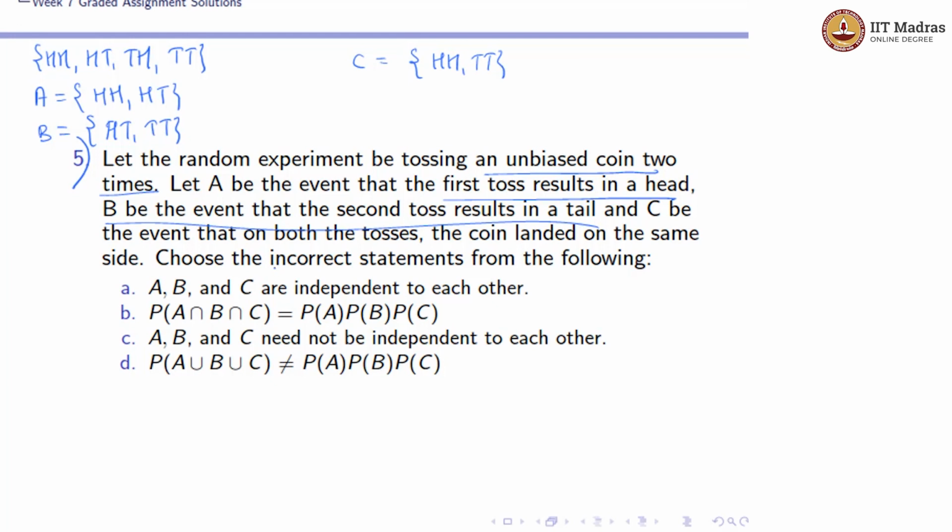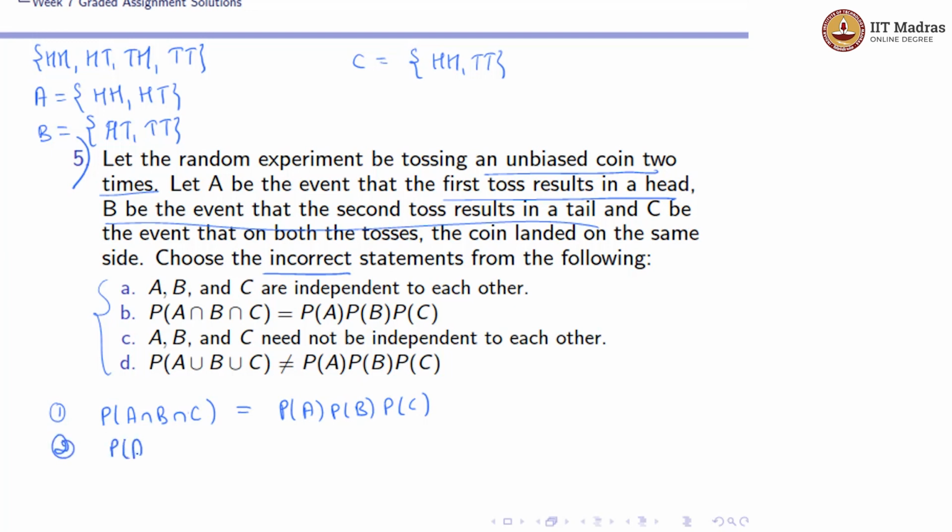Now we have to choose the incorrect statements from these four options. So let's check. The first option is A, B and C are independent of each other. So how do we check the independence of three events? In order to check the independence of three events, we need to check four cases. First, probability of A intersection B intersection C should be equal to probability of A into probability of B into probability of C, and A, B and C should be pairwise independent.